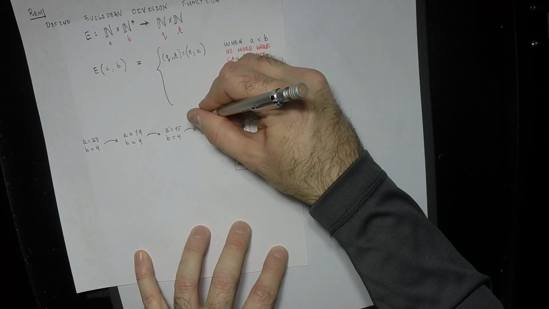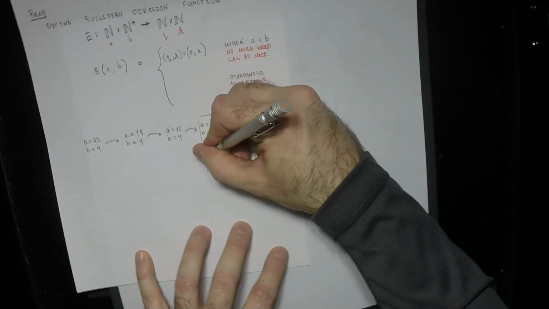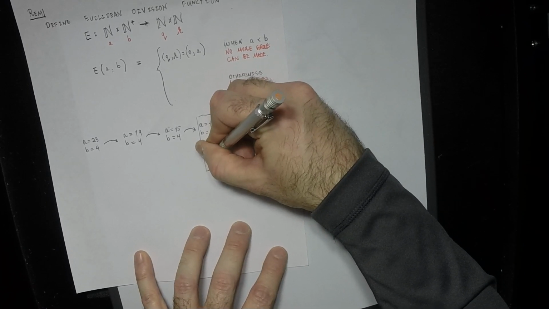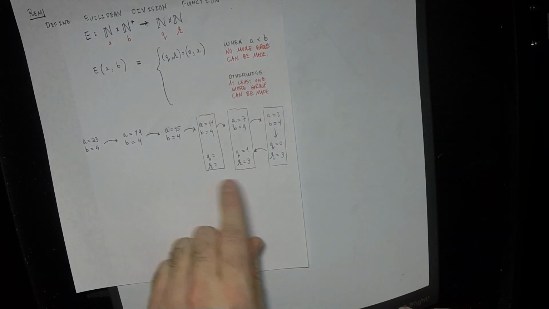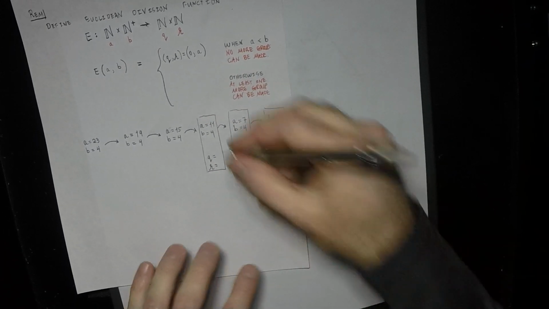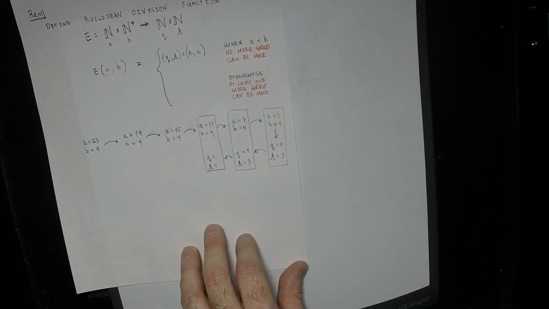And then this one communicates to the next one. So quotient, remainder. So this one reports to the next one and says, I have determined that the quotient is 1 and the remainder is 3.